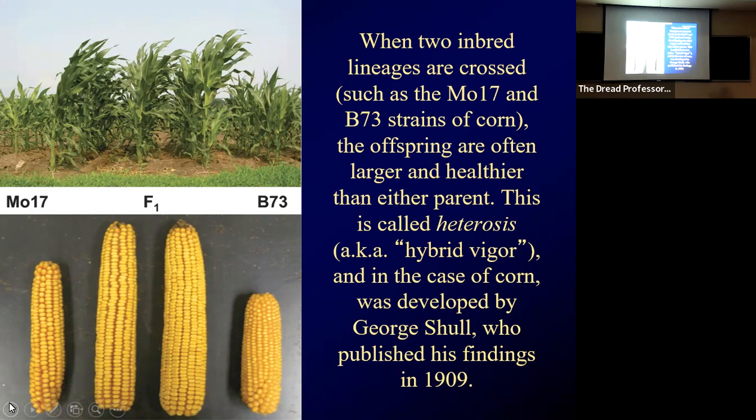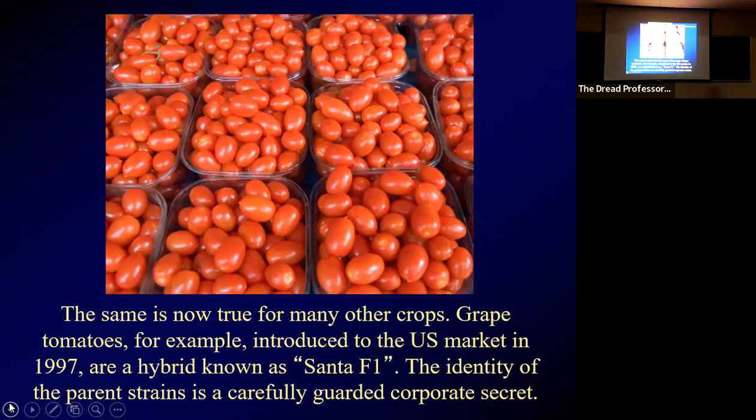But often the offspring, aside from that, are larger and healthier than either parent, and we call this heterosis, aka hybrid vigor. So there you've got two different inbred strains of corn, and then the F1s in between are taller plants with bigger ears. And this was published in 1909.